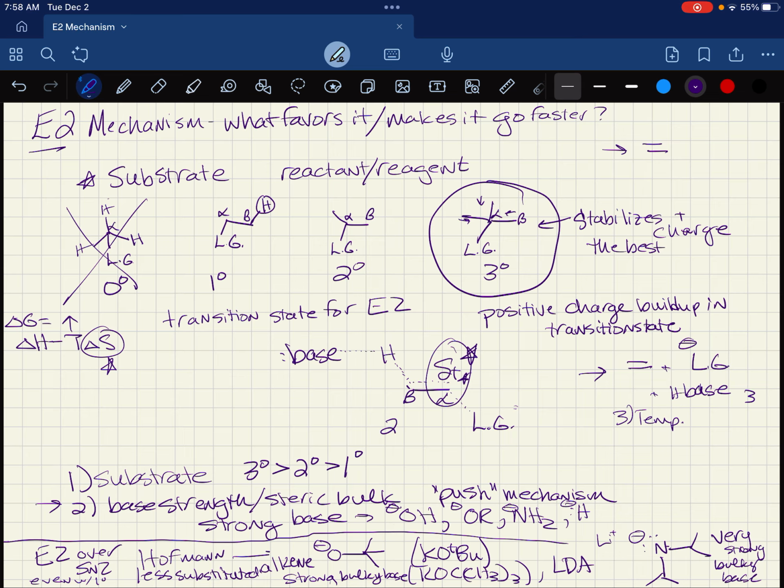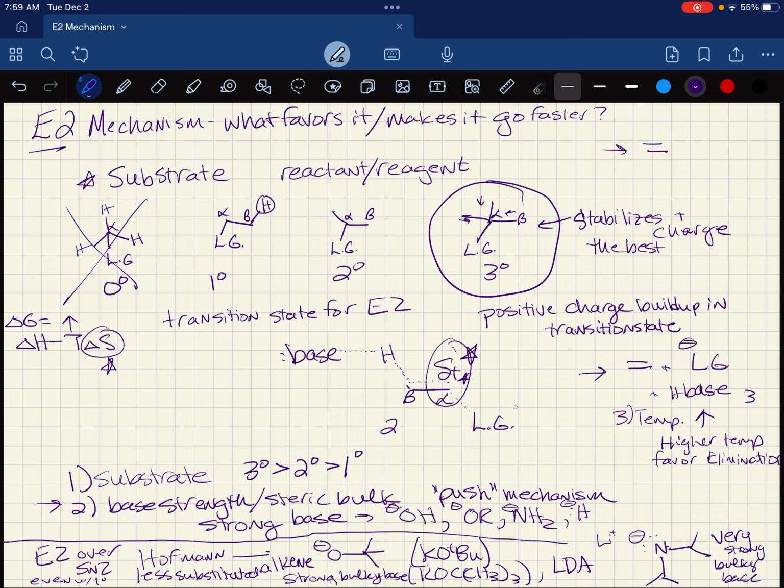And so higher temperature is going to favor elimination in general. And of course, lower, more moderate temperatures are going to help favor SN2.